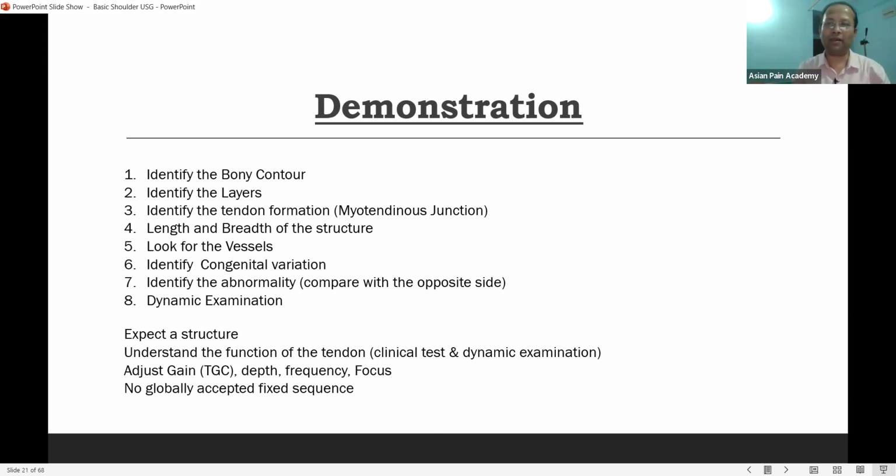When the muscle contracts, the whole length of the muscle plus tendon, the total myotendinous unit, will get shortened, and that will produce the movement of the joint, either abduction, adduction, or whatever it is.